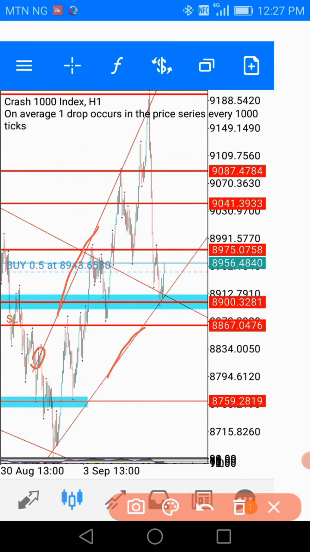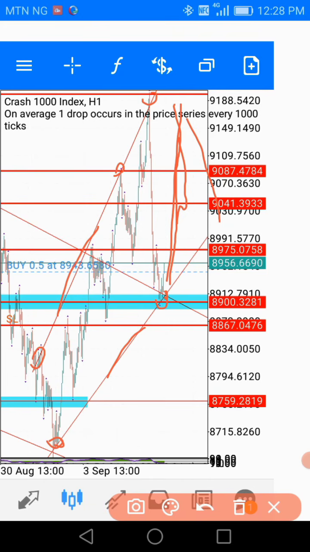From here, see, there are obvious touches here, and then this. So it has made two touches to the downside, so it's most likely this market goes up, not exactly straight this way, but it may do like this and come down to retest the trend line somewhere there.